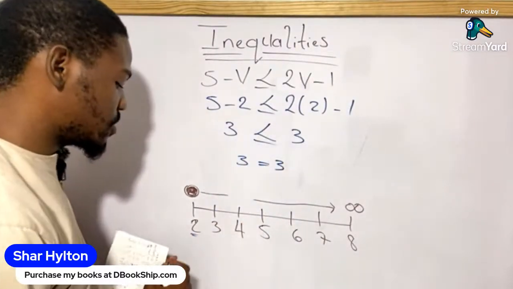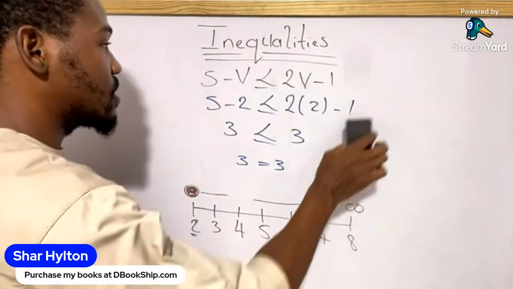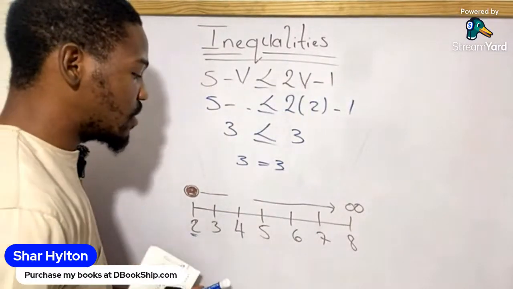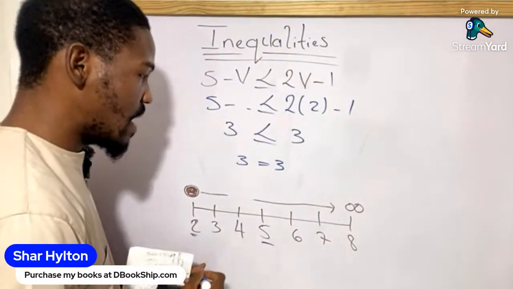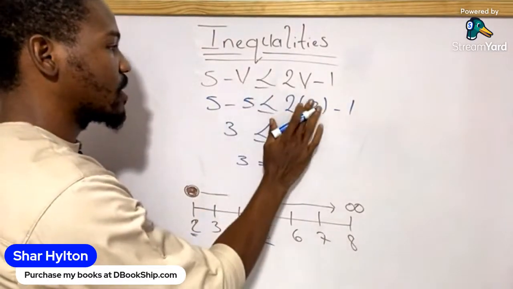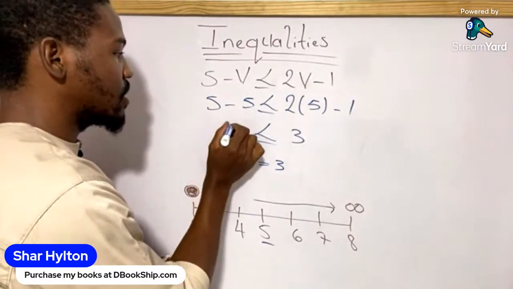Now in another solution, let us try another number. Let us use 5. So if we had 5 for the v, what would we get? So 5 minus 5 is going to be 0, right?